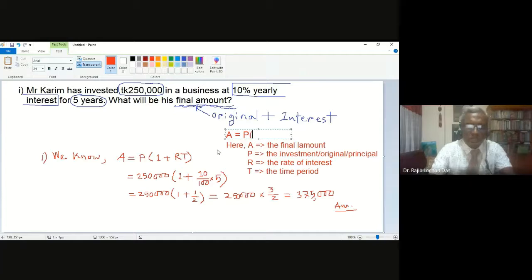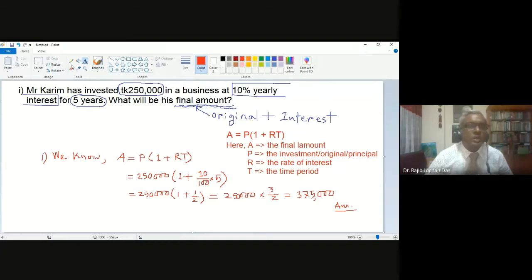In the bank sector, the calculation will be a little different, but we will discuss that in the last part of the semester, not today and not in this chapter.